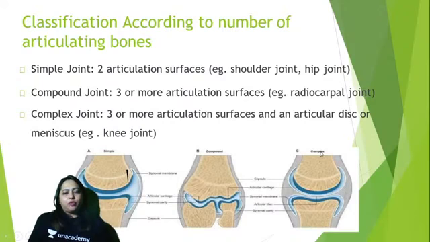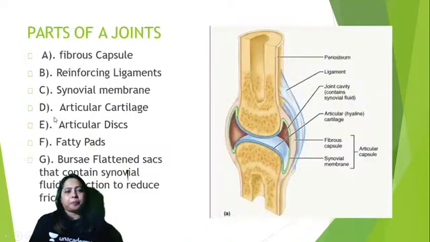But a complex type of joint will have menisci or an articular disc. So when there are more than two bones, you call it compound. When the two bones have some partition between them and there is different type of movement happening in the upper compartment and different in the lower compartment, or it could be the same movement happening in this joint, such joints come under the category of complex joints.